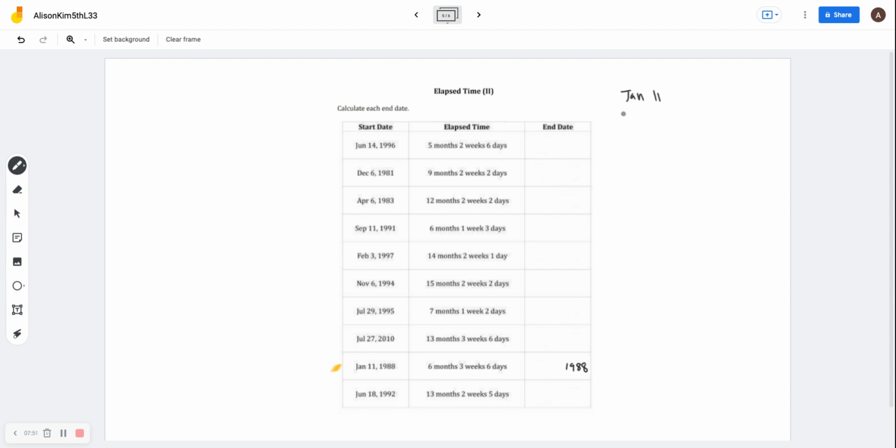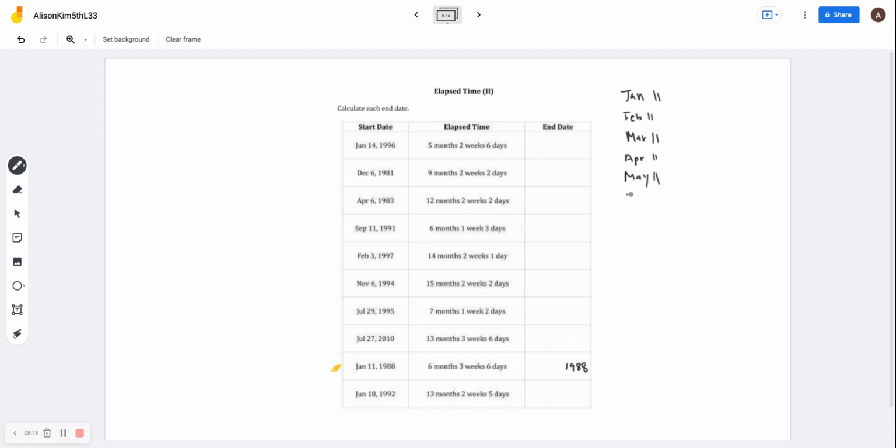A month from January 11th will be February 11th, right? A month from February 11th will be March 11th. A month from March 11th will be April 11th. A month from April will be May 11th.